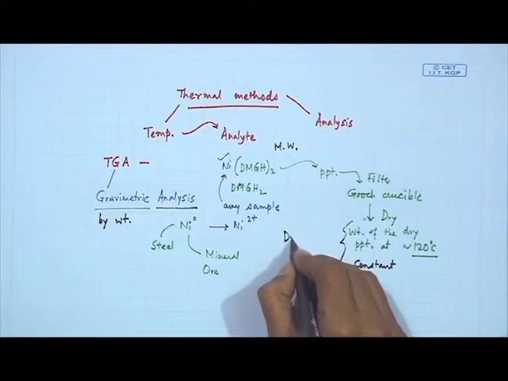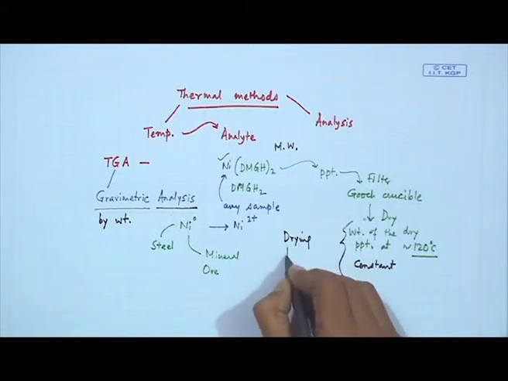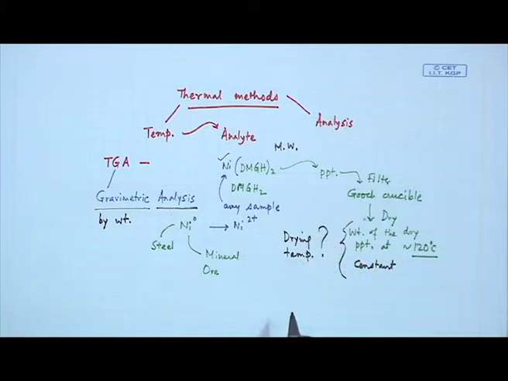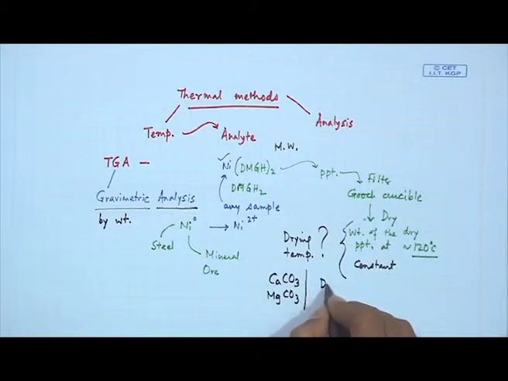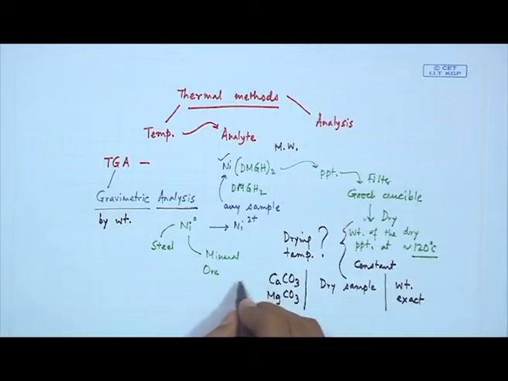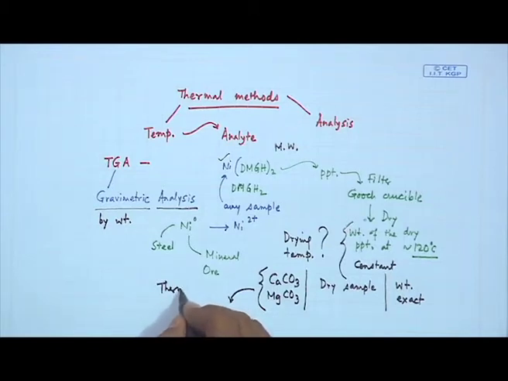So, we can find out the drying temperature. How do we find out the drying temperature? Any other material, it can be your simple calcium carbonate or magnesium carbonate, and we want to get the dry sample of it such that we can take the exact weight of those materials. So, what we should be concerned about in all these things is their thermal stability.